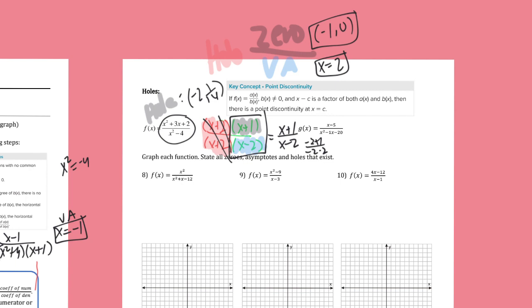This last one, actually, if you factor the denominator, you get x minus 5 and x plus 4. So there's a common factor at x minus 5.